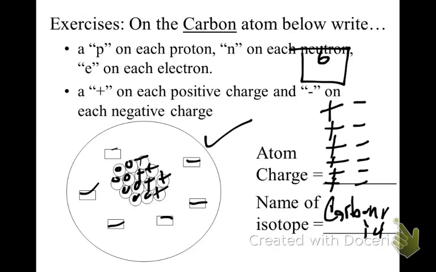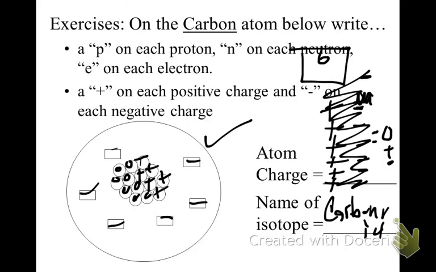In other words, if you have pluses and minuses equal, the charge is 0. Now, on the other hand, if you were to be missing a minus, you only had 5 out here, then the charge would be plus 1. And if you had an extra minus somewhere, the charge would be minus 1. Pluses and minuses cancel each other out. Whatever's left over gives you the charge on the atom. In this particular atom, I'll cross off all the stuff. The answer is 0. The atomic charge is 0.